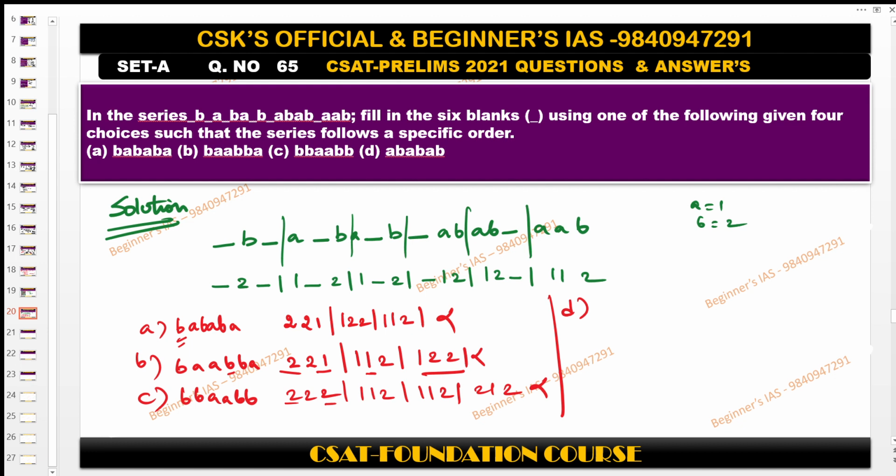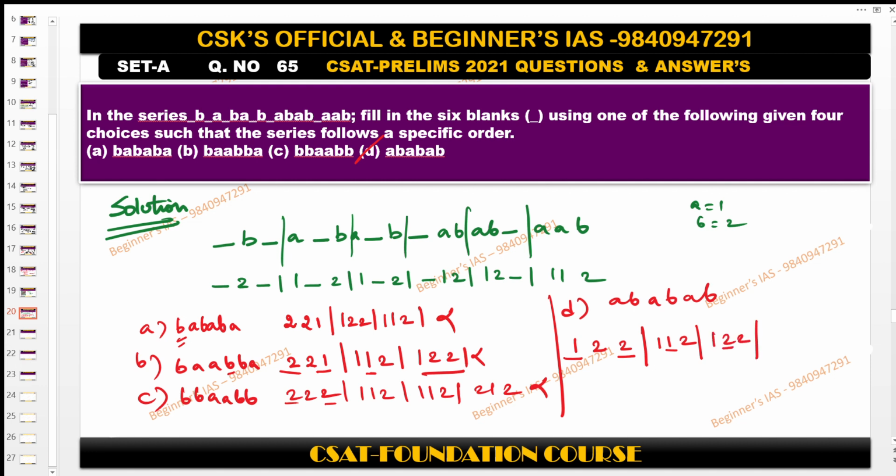Now let us move on with the D option. If 3 is wrong, then obviously D is the answer. Let us check here. A B A B A B. A B, right? 1 2 2. Fine. The next one is A, 1 1 2. Okay, fine. Next one is B, 1 2 2.